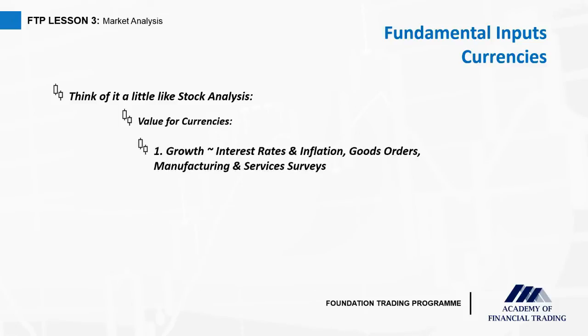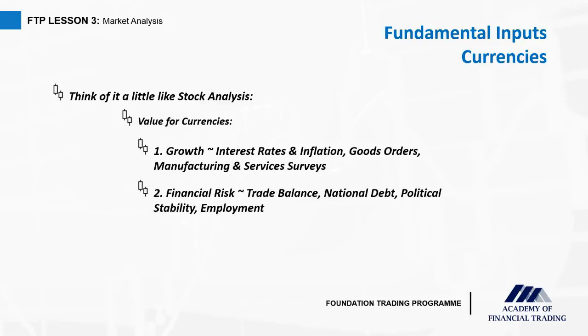Firstly, you've got things like growth. Growth can impact the perceived value of a currency. So now we're talking about things like interest rates and inflation, things like your goods orders, your manufacturing and your services surveys. So it's all these growth related indicators. In addition to growth, we've also got financial risks, which can affect the value of a currency. So we're talking about trade balances and national debt and political stability and employment data.